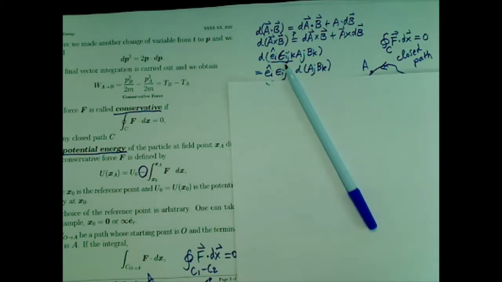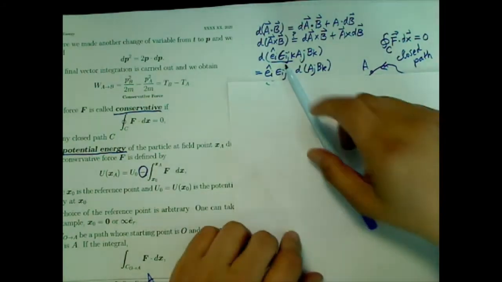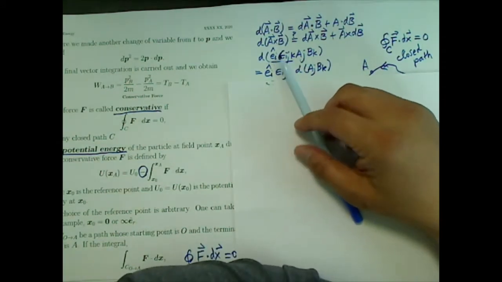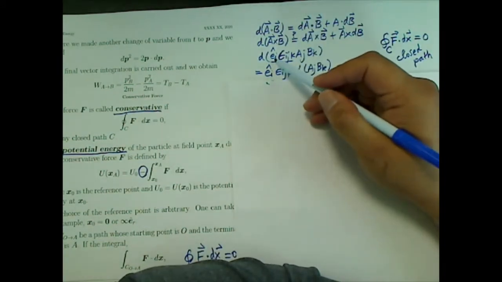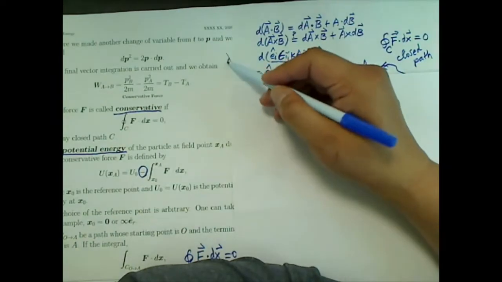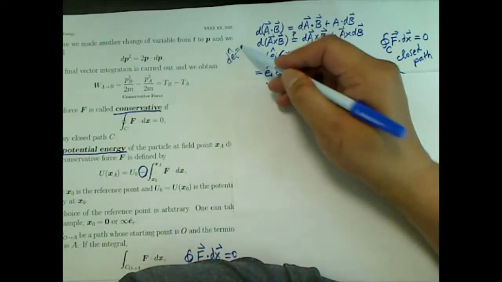It should be very simple only if we take the constant basis vector case. That is the Cartesian coordinate. So if we make use of Cartesian coordinate, this is a constant vector, so dE_i hat equals 0.